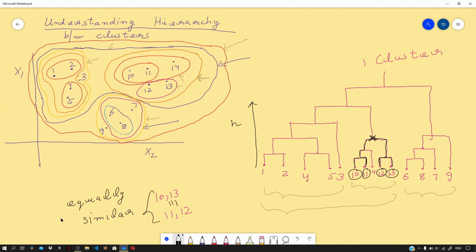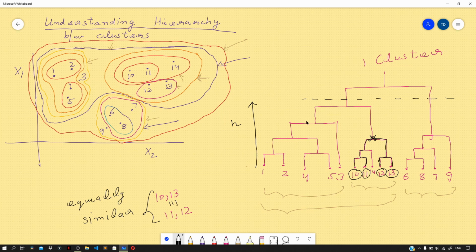Now as a side note, once you have the entire dendrogram, after performing the hierarchical clustering, you can cut your dendrogram at different heights. So suppose we make a cut at this height, we will get two clusters. So this purple boundary one and this yellow boundary one, right?